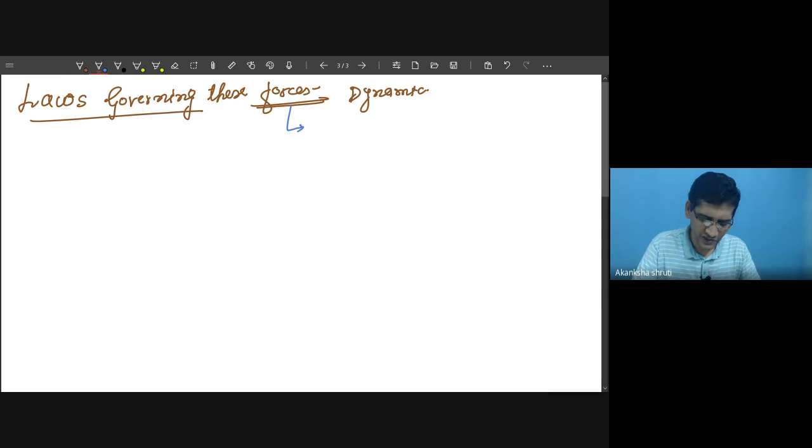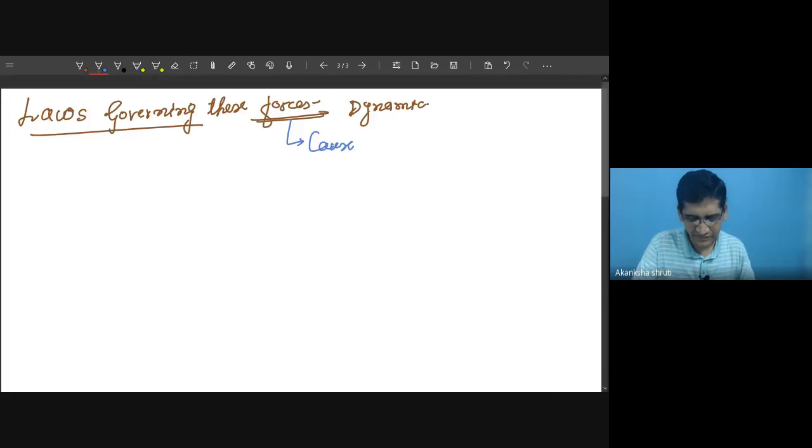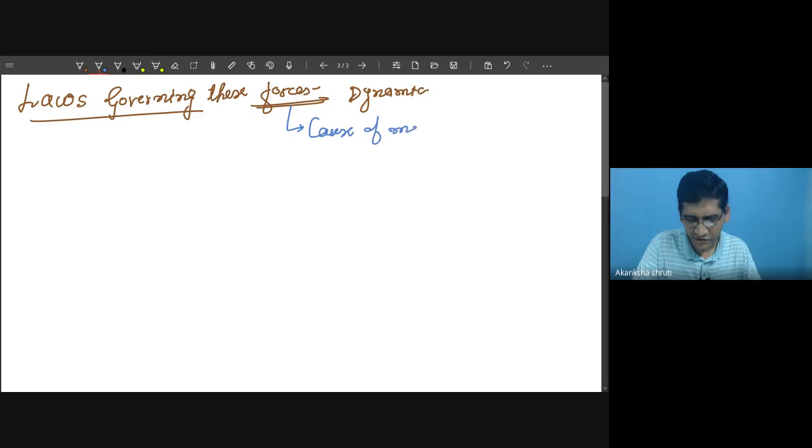So force is the cause of motion. Here we have seen, when the force is applied, the body is there, and if the force is applied, either it can move.